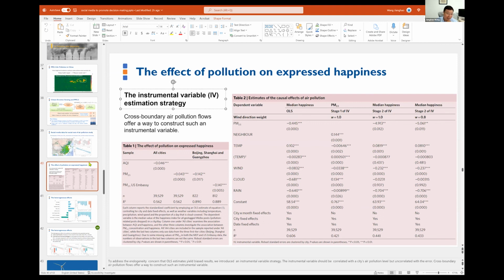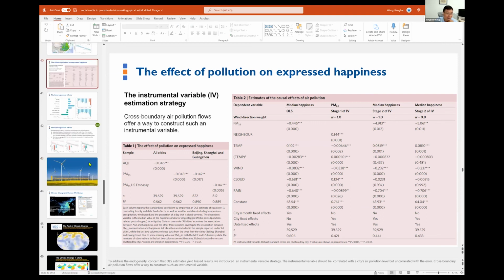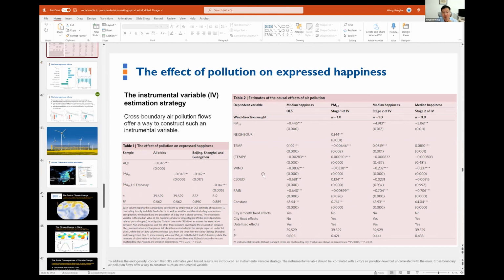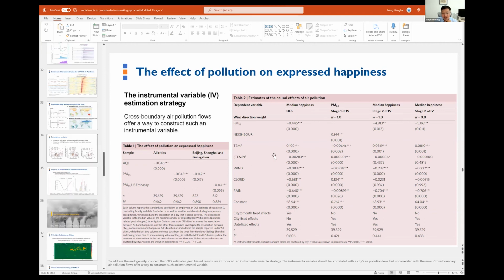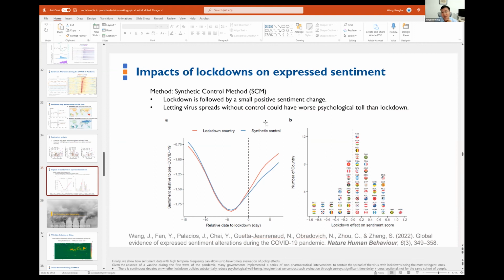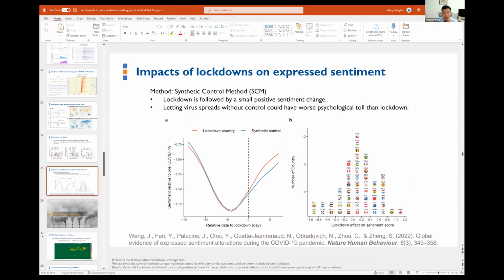As well as the synthetic control method, I think that's also our contribution. We not only use very simple statistical methods, but use synthetic control to match countries with very similar pandemic and sentiment trends before the pandemic, before the lockdown.